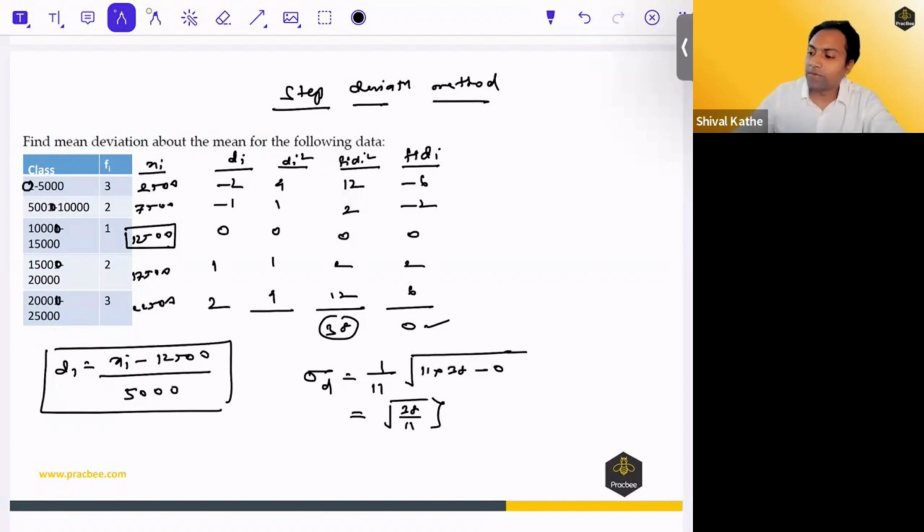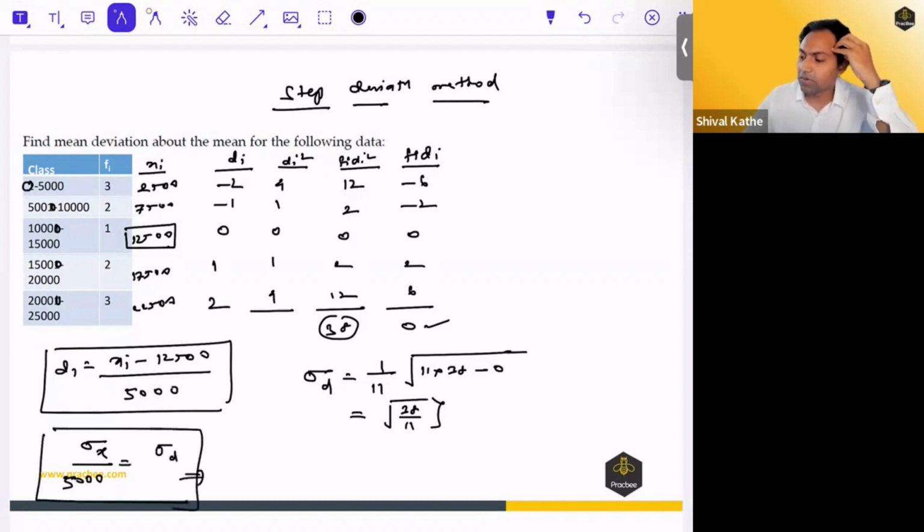So from here, how do I find sigma x? Look at the relation between sigma x and sigma d. What I have done is divide by 5000, and I have subtracted. Subtraction will have no impact, but division will. So my sigma d is 5000 times smaller than sigma x. So this is the connection. From here you can find the value of sigma x, and our answer becomes 5000 into root 38 value.